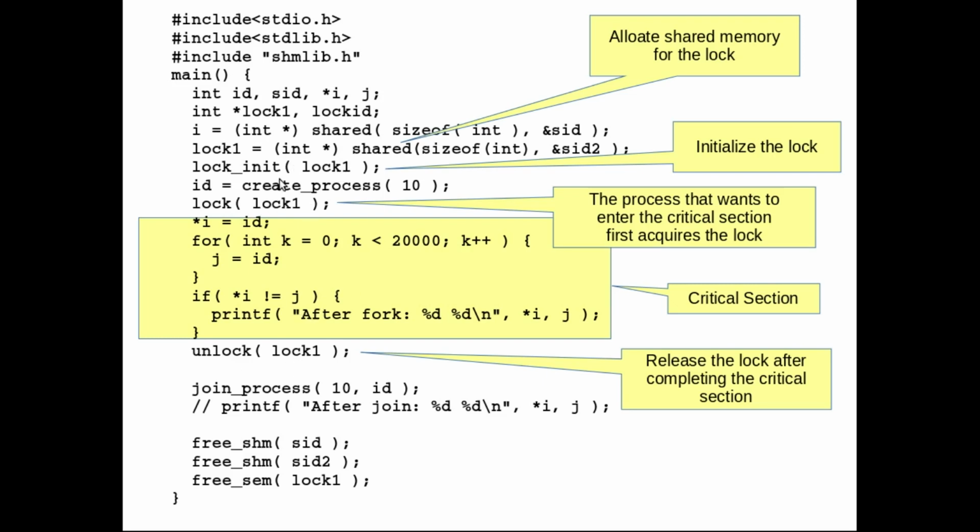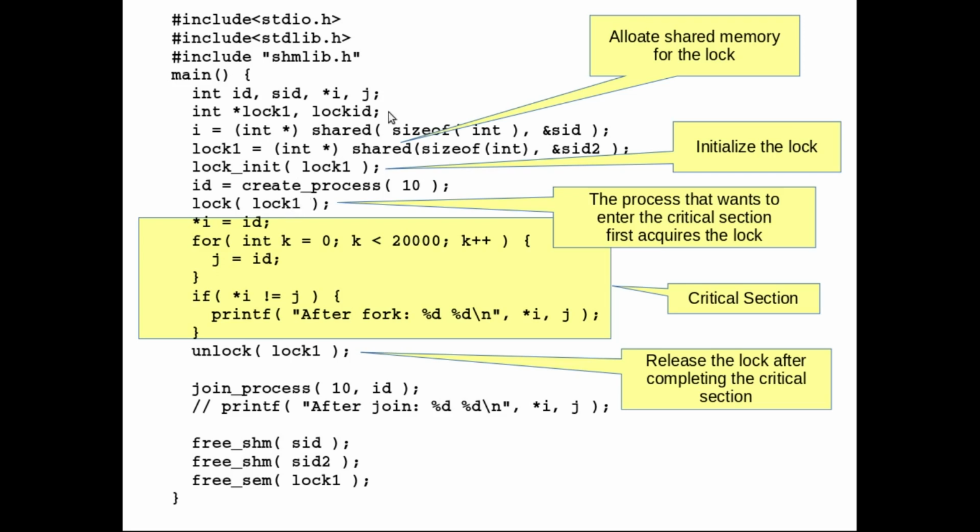The first process that is able to acquire the lock will enter the critical section and execute it. While the lock is owned by that process, any other process that tries to acquire the lock will be blocked. They will not be able to enter the critical section.